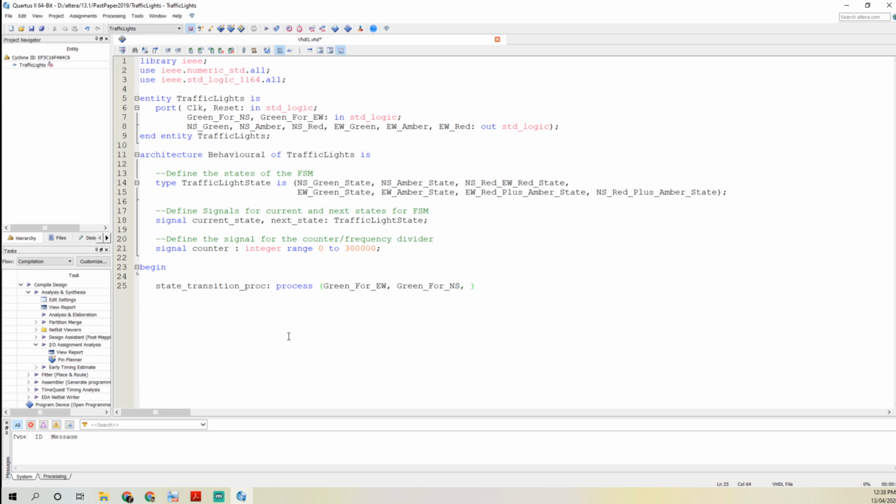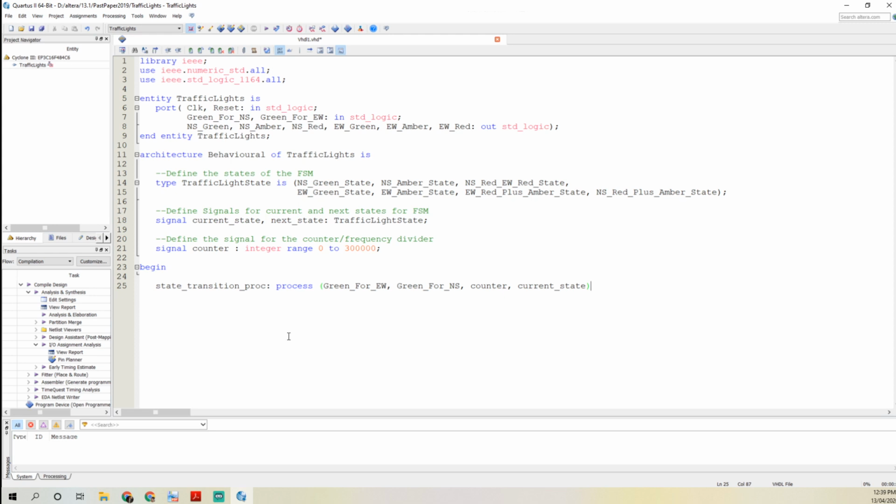It is going to be sensitive to changes in my counter because that is going to determine how many seconds have elapsed. And it is going to be sensitive to changes in my current state, like this. Okay, so that is all the signals that this process is going to be sensitive to.